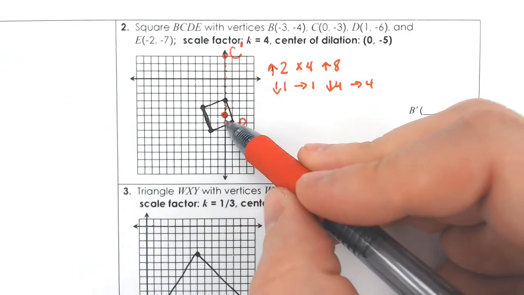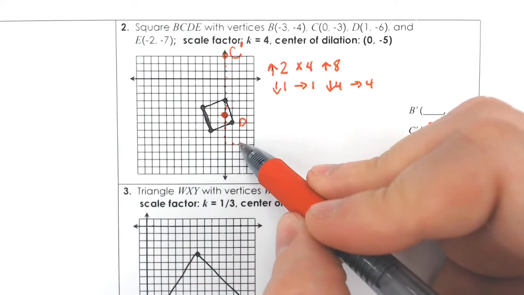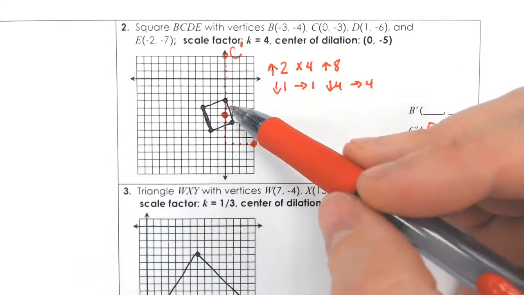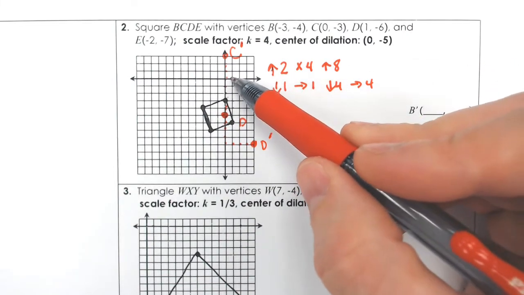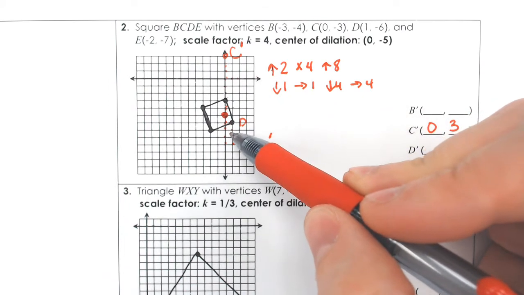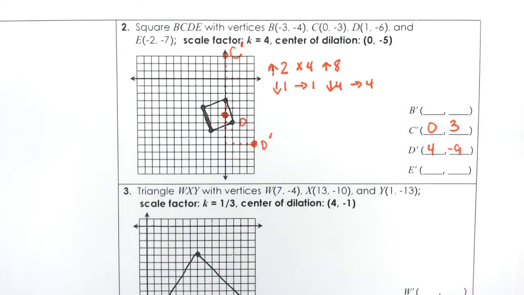So we're going to go down by 1, 2, 3, 4, and over by 1, 2, 3, 4. Plot that point and figure out the coordinate for D prime, which is 4 for x and negative 9 for y.